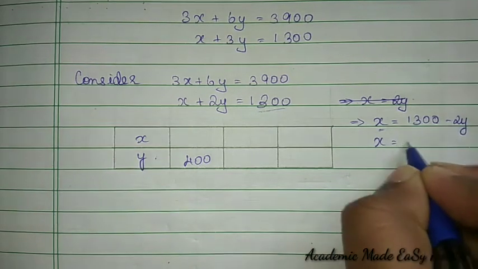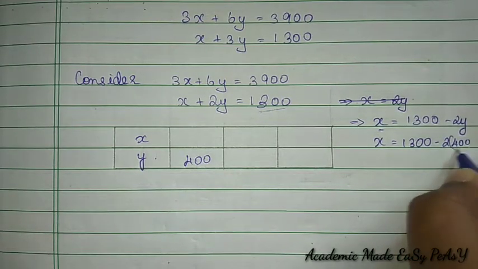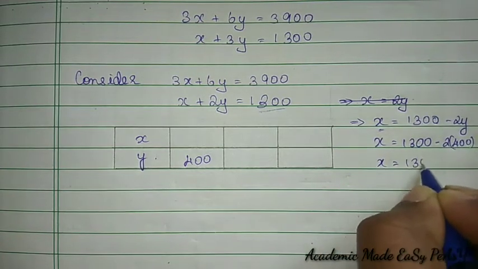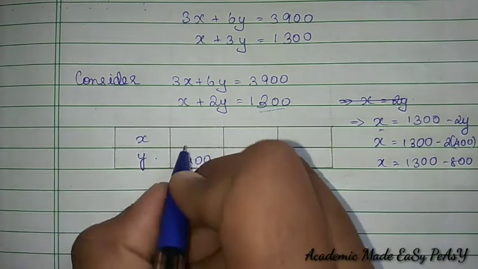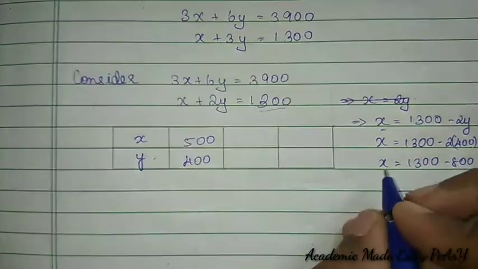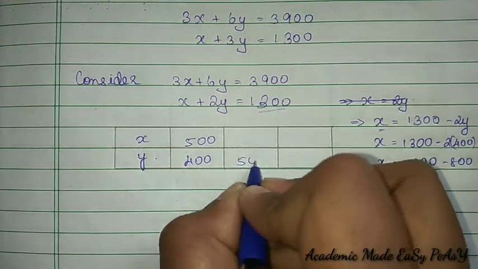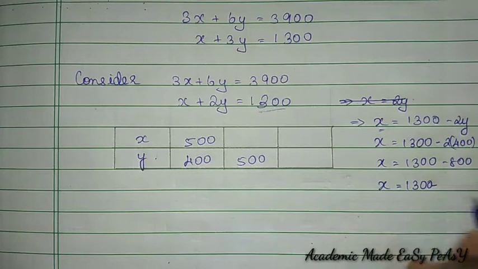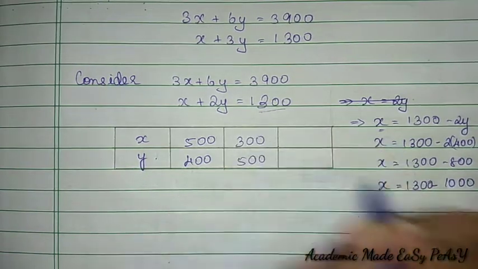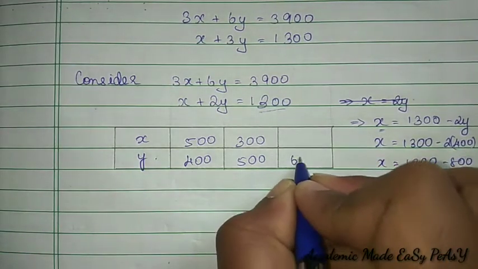So x is equal to 1300 minus 2 into 400. So x is equal to 1300 minus 800. So 1300 minus 800, it is 500. So next I will be taking my y as 500. So 1300 minus 2 into 500, it is 1000. So I will have 300 over here. 1300 minus 1000 is 300. So next I will be taking it as 600.